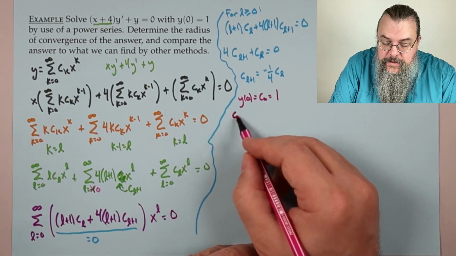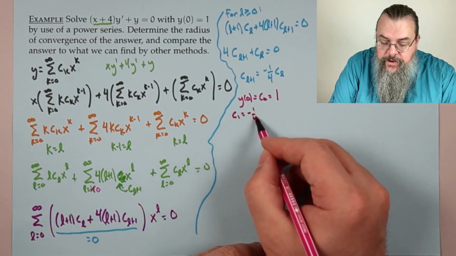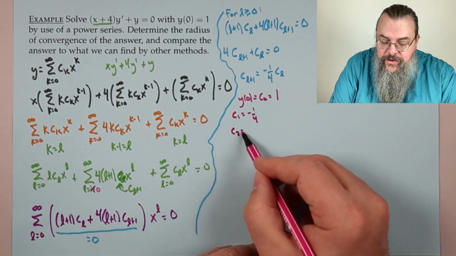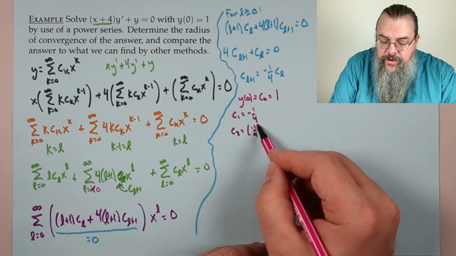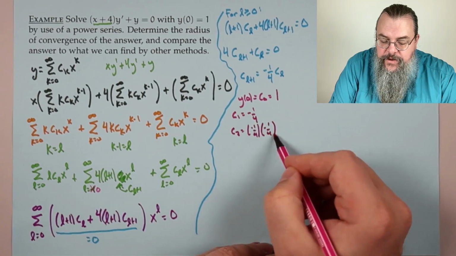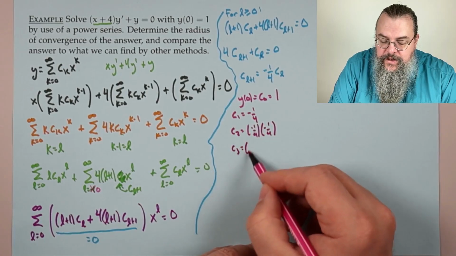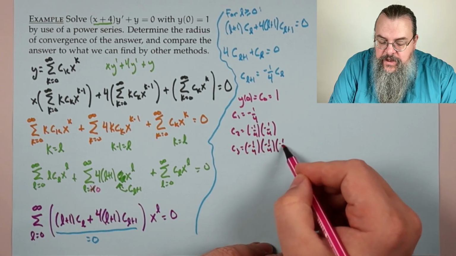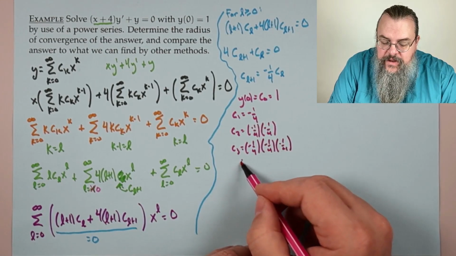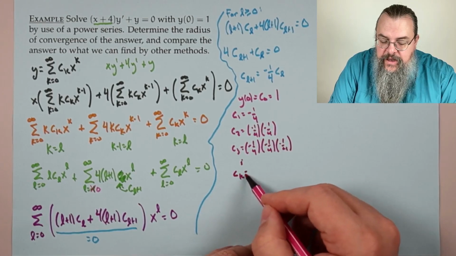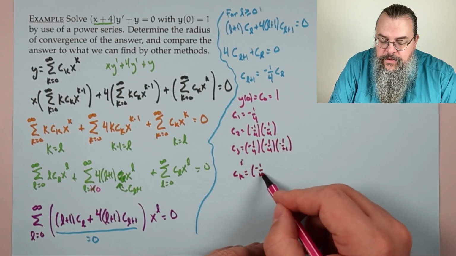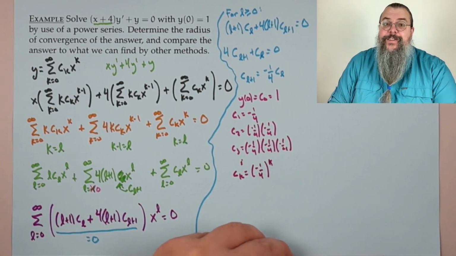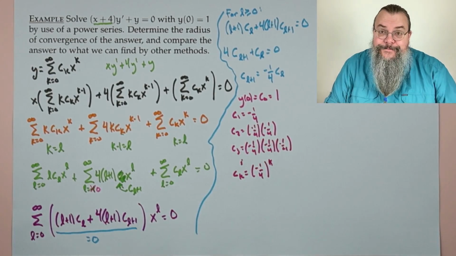So C1 is negative 1/4 times 1, because you multiply by negative 1/4. C2 is negative 1/4 times C1. C3, negative 1/4 times C2. And it's, as I said, in general, Ck is negative 1/4 to the power k. So this has an easy to spot pattern.